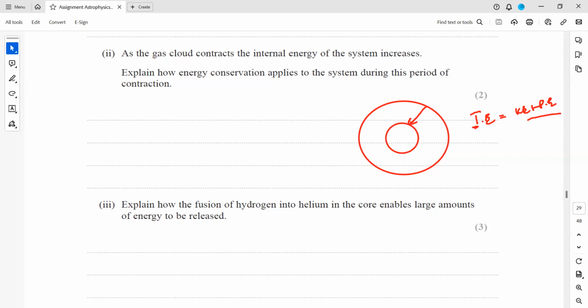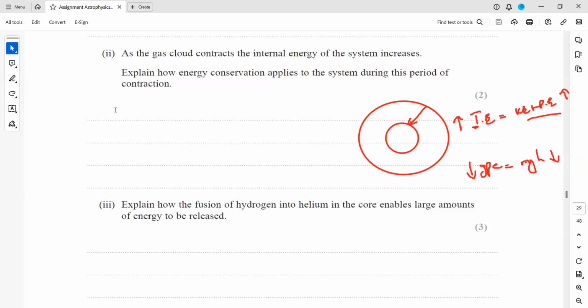The gravitational potential energy, whenever height changes, is mgh. So if the height is decreasing, the gravitational potential energy will decrease. The internal energy, the sum of kinetic and potential energy of the particles, will increase. So how does this imply energy conservation? The gravitational potential energy decrease for the whole system equals the increase in the internal energy.